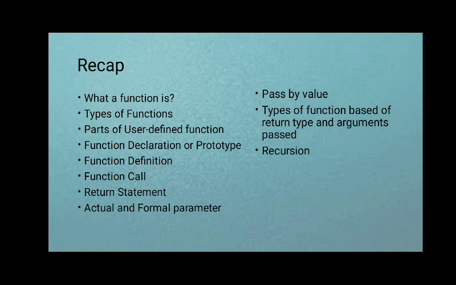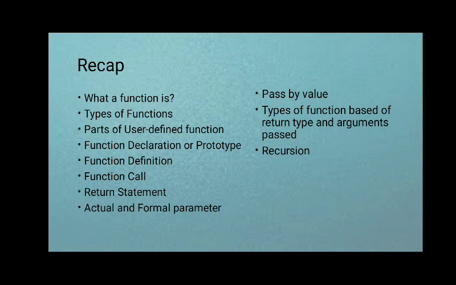Once the function is completely executed, the function will either return some value or it will not return a value. If the return type is void, the function will not return any value. If the return type is anything other than void, the function should compulsorily return some value.